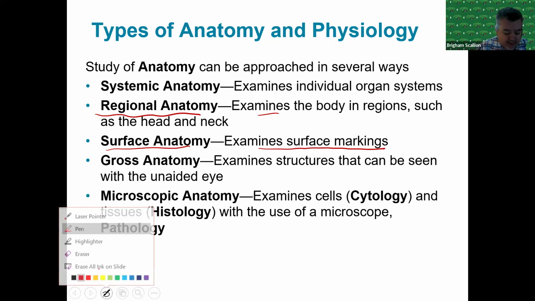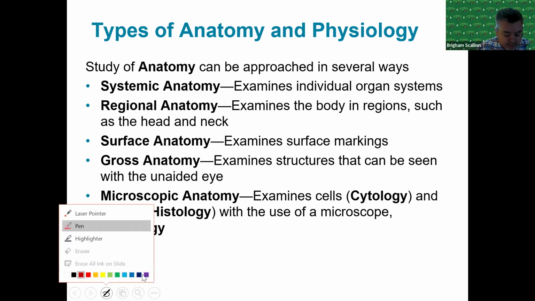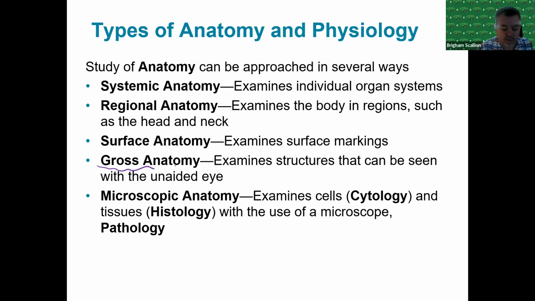We can also study anatomy by looking at it with our own eyes. We can examine a structure that can be seen with the unaided eye, so we don't have to have special microscopes or a magnifying glass. That's studying gross anatomy.